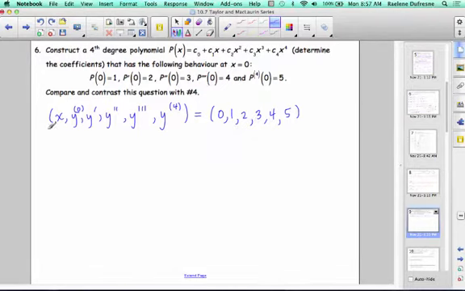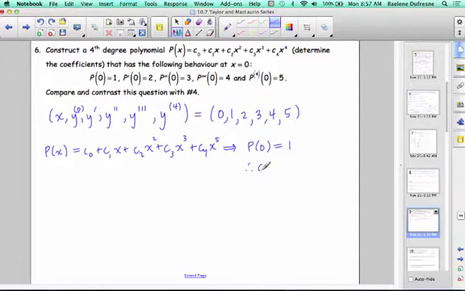So we have that p of x is given as c0 plus c1 x plus c2 x squared, etc. And we can use the information about x, y to solve. In other words, we know that p of 0 is going to equal 1. We're given that. And we know that substituting 0 in for the polynomial gives us only c0 left. So we can solve for c0.